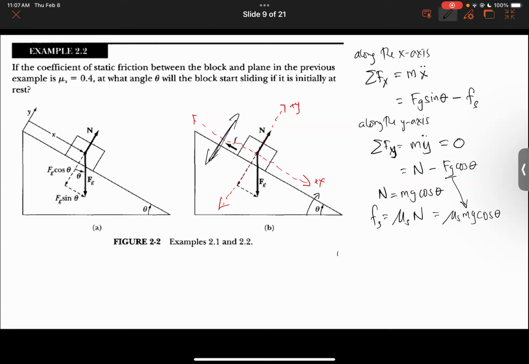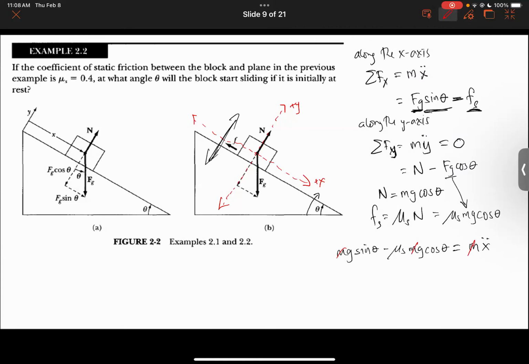So we have mg sine theta minus mu sub s mg cosine theta, equal ngayon yan sa mx double dot. Okay, and then all the masses cancel.